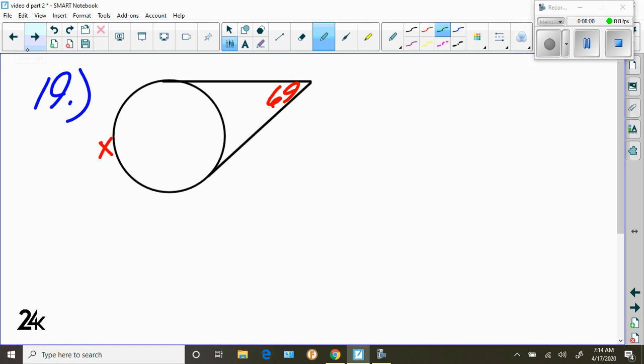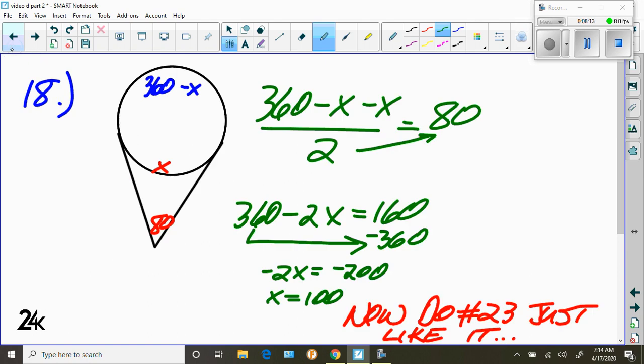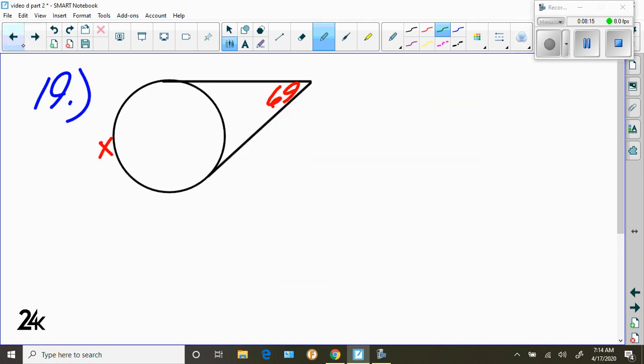All right, number 19 I think must be an original also. Let me look. I just did number 18. Number 19. Yeah. Okay, so number 19 is an original also.